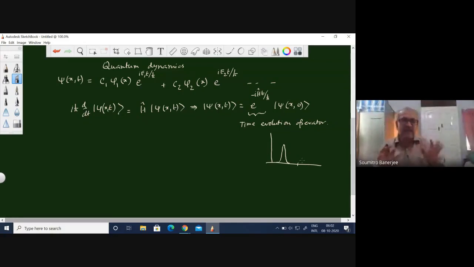So the idea was that the wave function evolves with time, and the operators do not.